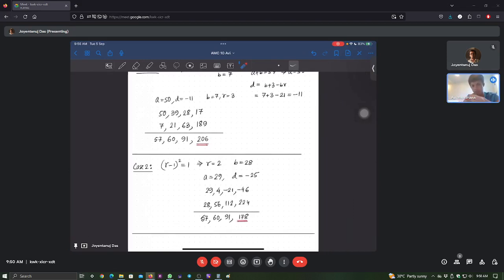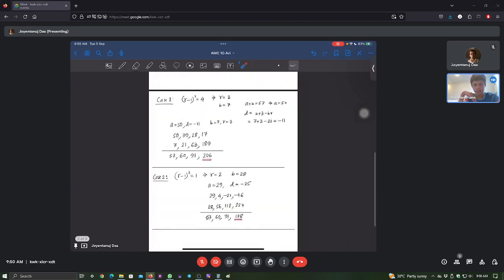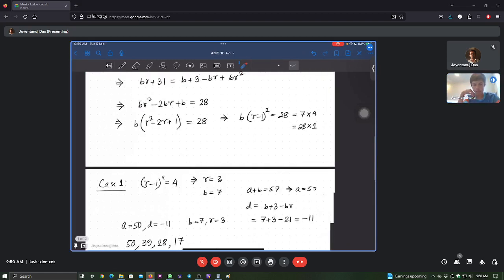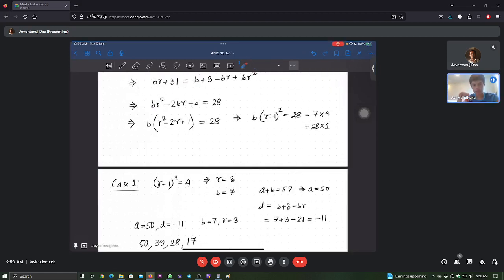I'm a little bit confused about the cases. You said case 1 and case 2. Because all the answers have to be integers, 28 would have to be cut into 28 times 1 or 7 times 4 for the roots.